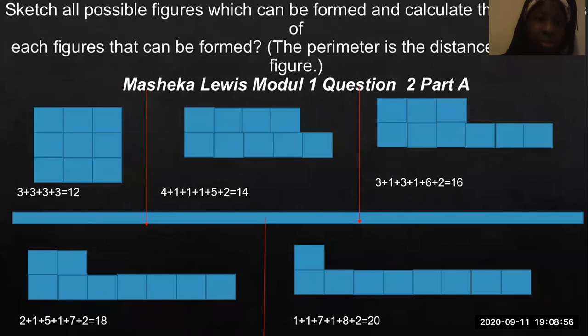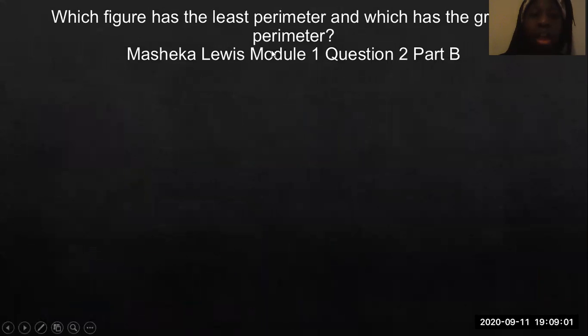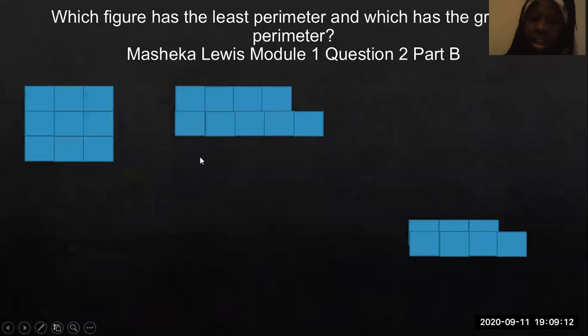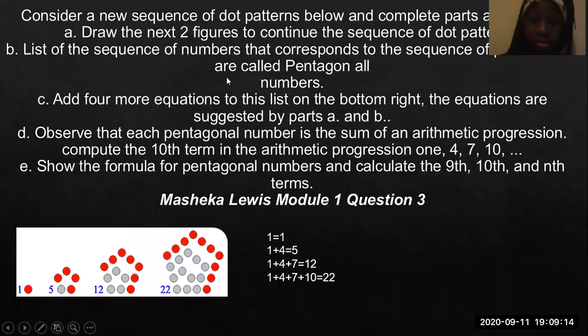Okay, let's go to the next one. The next one asks which had the least and greatest perimeter. Again, I have the shapes.